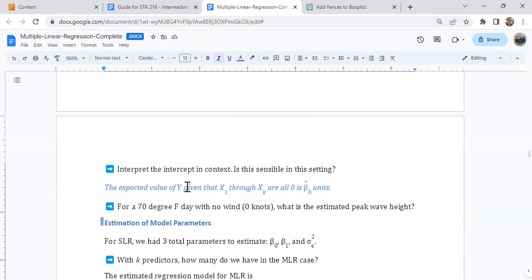So how could we interpret the intercept here, tailoring it to this context?